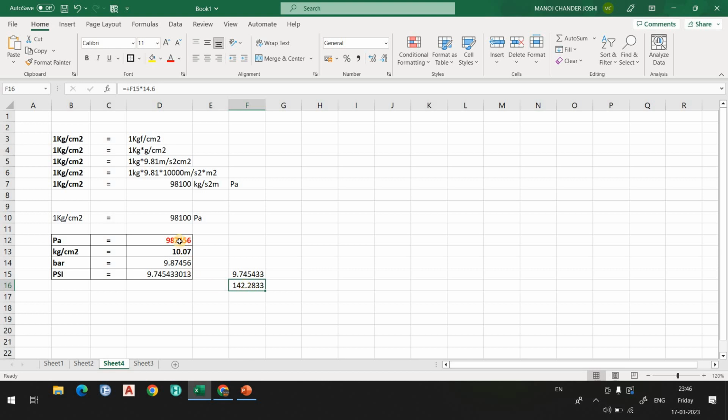So this is your 142.2833, this is your PSI unit. Okay, now this will not be the value, sorry, this value will be here. So just simply multiply this one, so this will be the value. Okay, that was my mistake.